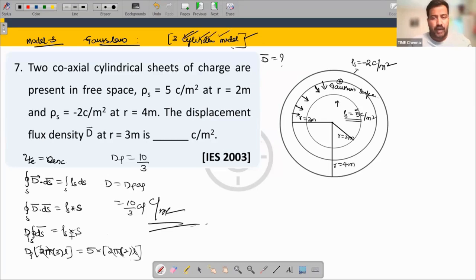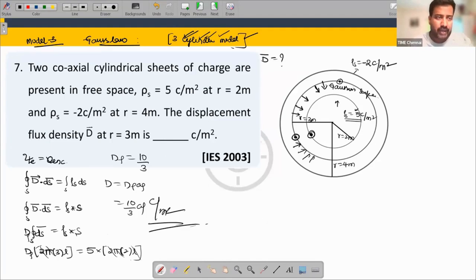The importance of this model is that the middle cylinder is a Gaussian surface always. And when I calculate the charge enclosed, I must consider the inner cylinder. That variation you should understand.